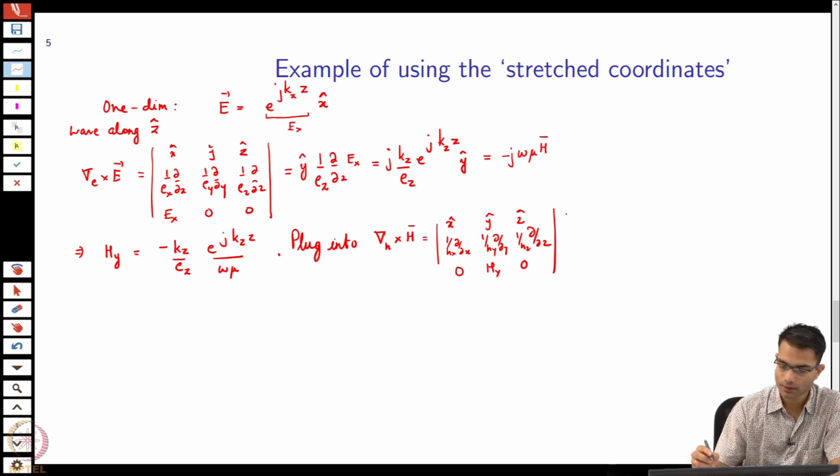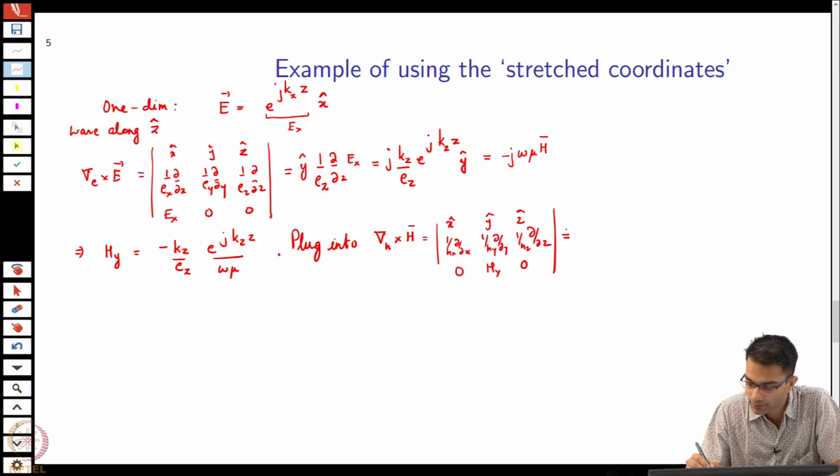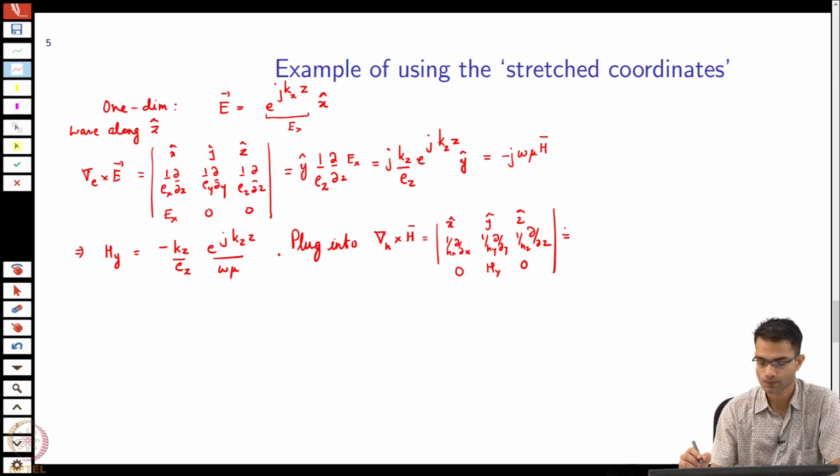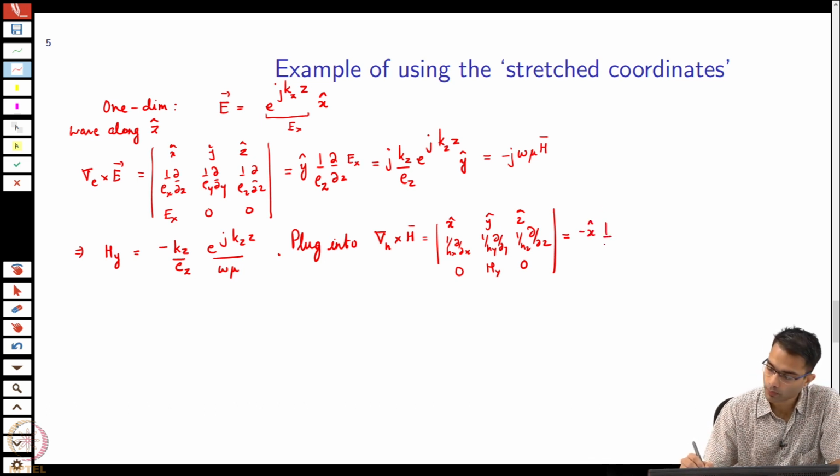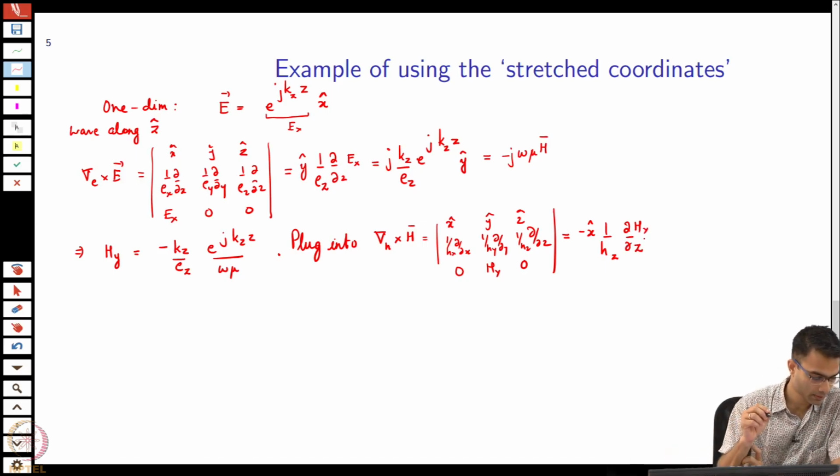Okay. What component survives from here? Right. So, I am going to get a minus x hat followed by 1 by hz dh by dz. Okay.